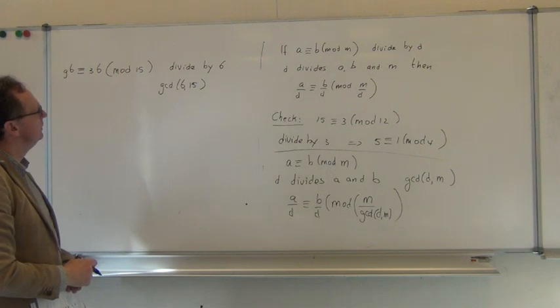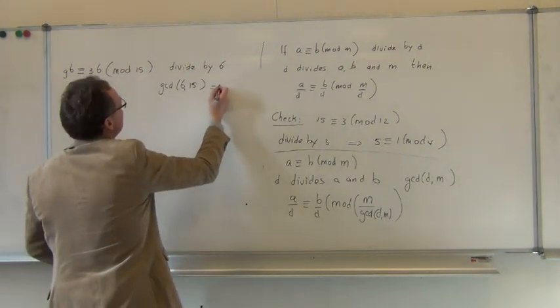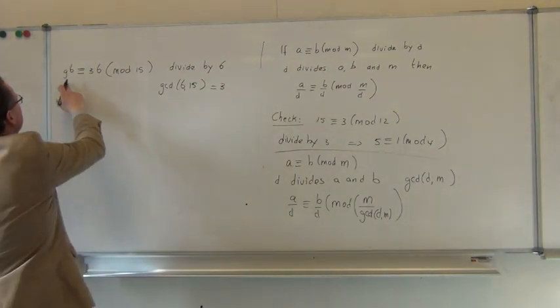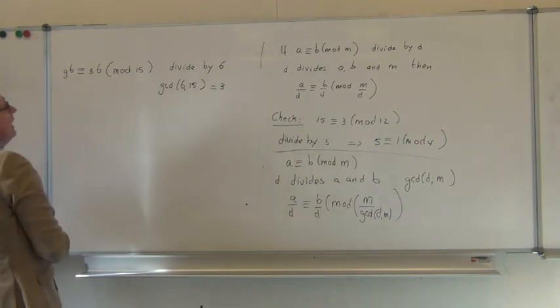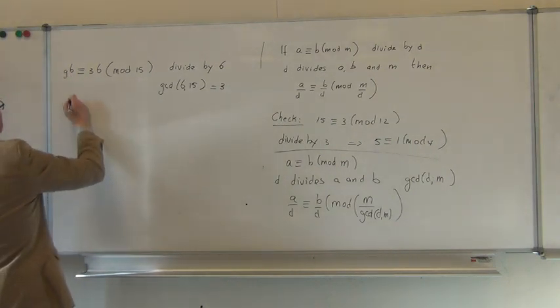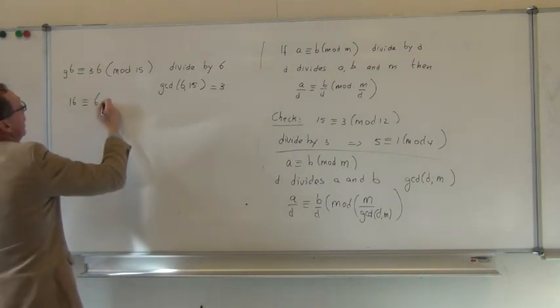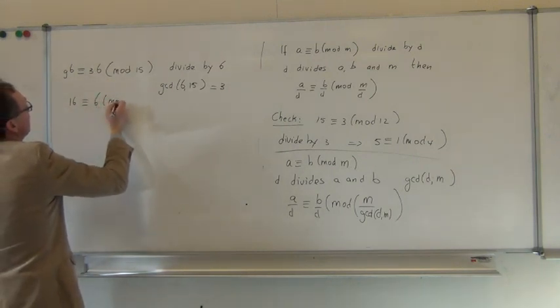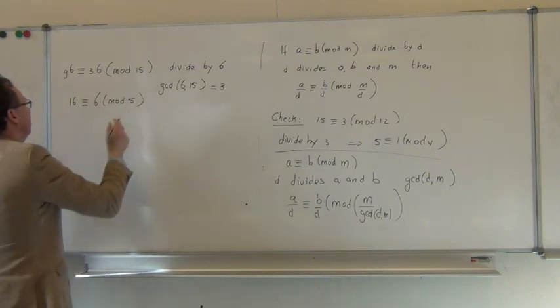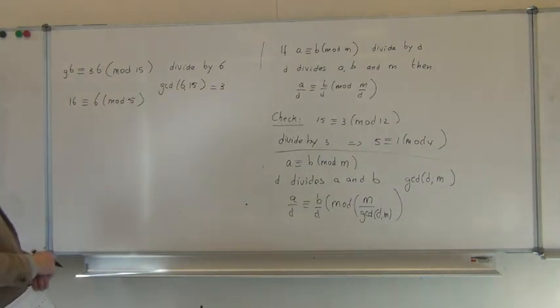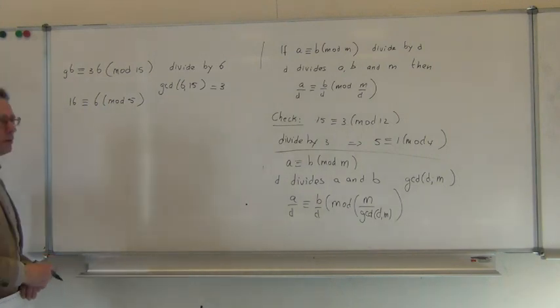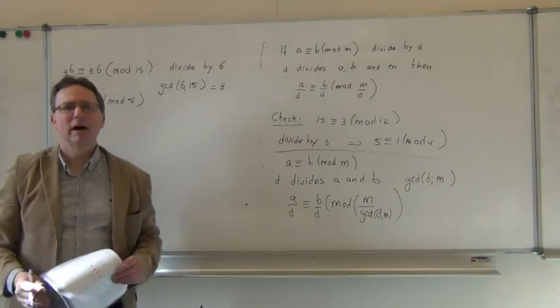That's quite easy to see: this is 3 times 2, that's 3 times 5. So if you divide by 6, the left-hand side is 96 divided by 6, which is 16, congruent to 6 modulo 5. And that's true, because they are both congruent to 1 modulo 5. So this is a little bit how it works.